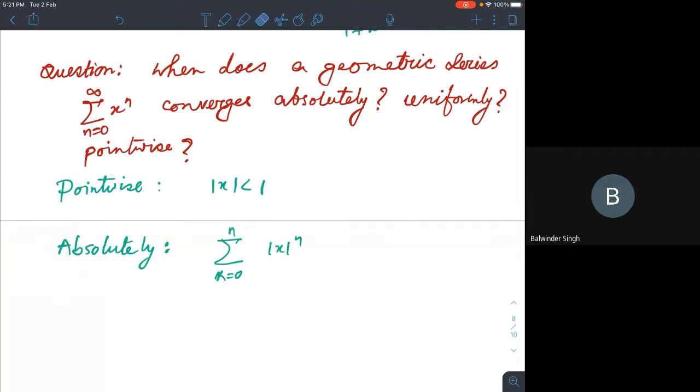And now you know where it converges, right? So what is the sum?